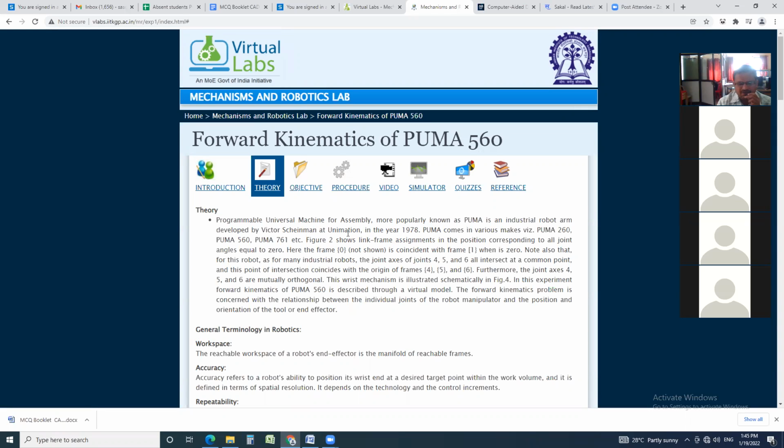Puma comes in various makes, with Puma 260, Puma 560, Puma 761, etc. Figure 2 shows link frame assignments in the position corresponding to all joint angles equal to 0. Here frame 0, not shown, is coincident with frame 1 when theta 1 is 0.